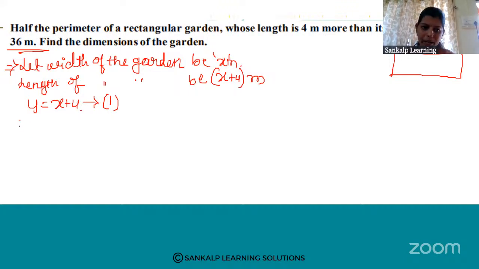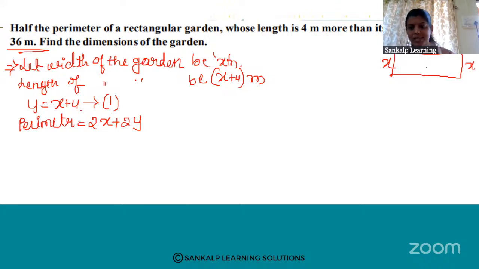So perimeter is equal to 2x plus 2y. Why 2x plus 2y? See, this is a rectangle. If we consider this is x, this is also x, because opposite sides are equal. This side is equal to this side and this side is equal to this side. In a rectangle, opposite sides are equal. That means this is x, x, this is y, y. So how many x sides are there? 2. Here also 2. That means 2x plus 2y.